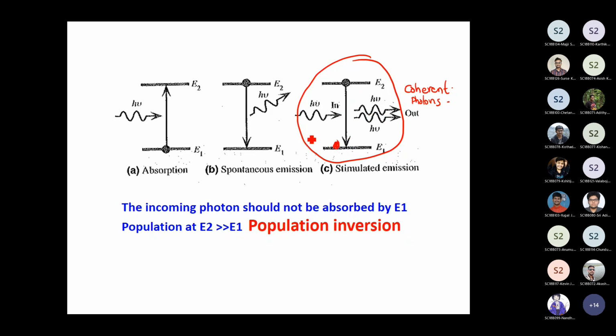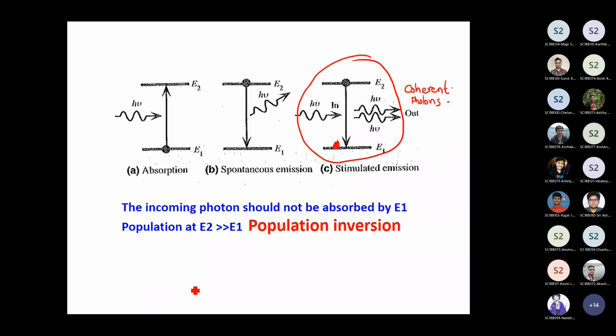So you need a situation where the carriers in level E2 are much greater than the carriers in level E1. You call this condition population inversion.